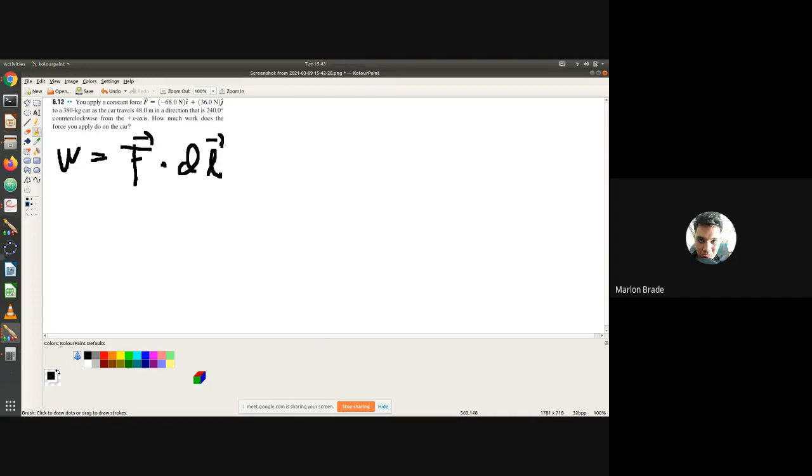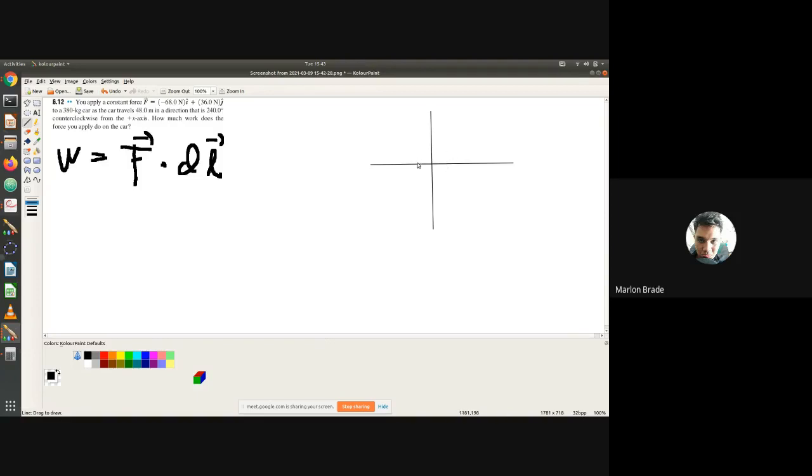The problem is dl, which is given as a direction. So what is the direction? 240 degrees counterclockwise from the x-axis. So 360 minus 240 is how much? 120, right? Yeah, 120. So therefore it is somewhere between 180 and 240 degrees.